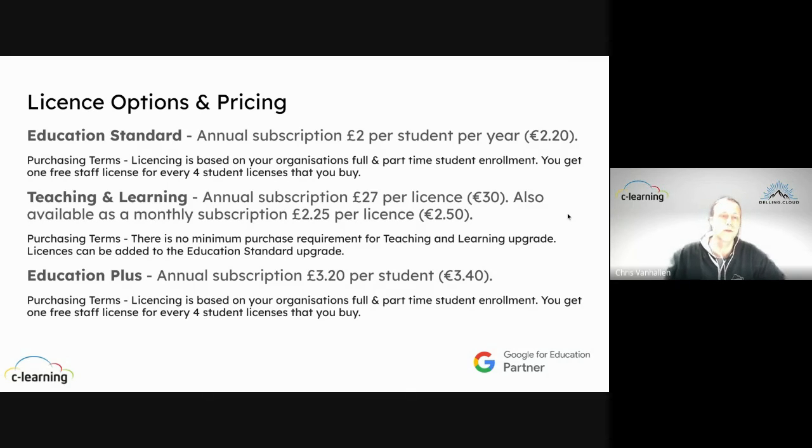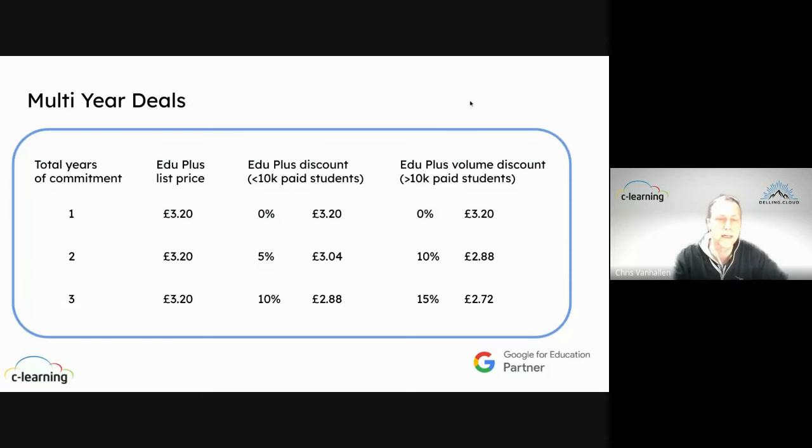So if we move on to that screen next, we can see here with Education Plus, if you take out a 2 or 3 year multi-year deal, there's savings of between 5 and 15%. If you have less than 10,000 paid students and you subscribe to a 3-year Education Plus deal, you will save 5% in the 2nd year and 10% in the 3rd year over the normal £3.20 annual subscription.